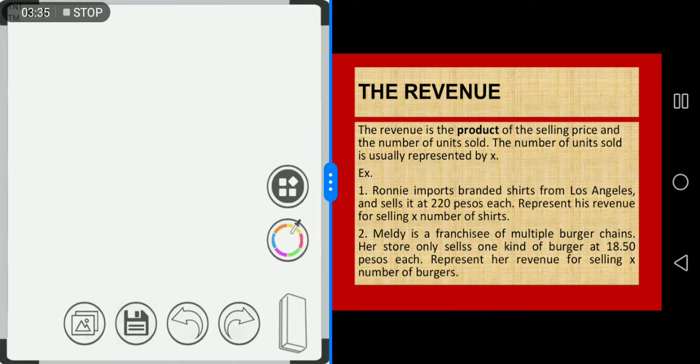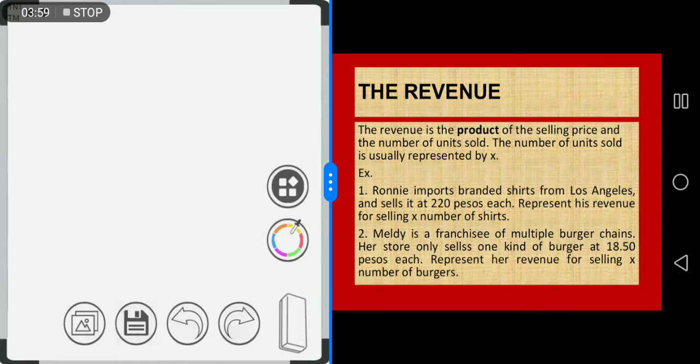So we use the variable so that we can just evaluate, 'di ba? Pag evaluate, we replace the variable, no? So we can just evaluate after natin na mai-represent yung iba pang mga terms like revenue, profit, and cost.